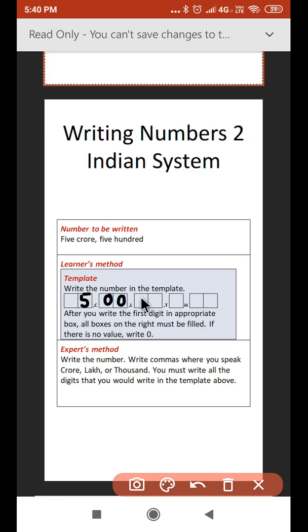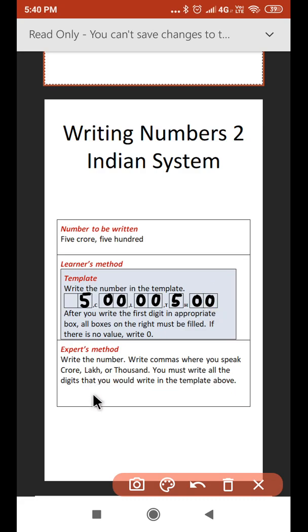Then how many thousands? 0 thousands. So 0, 0. 500. And if you see the last three digits, that is 500.